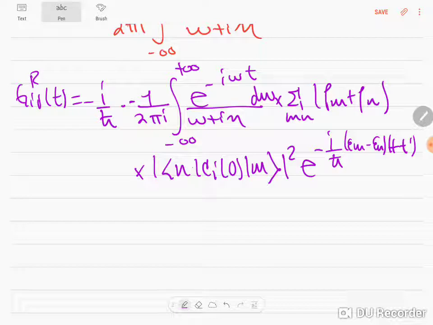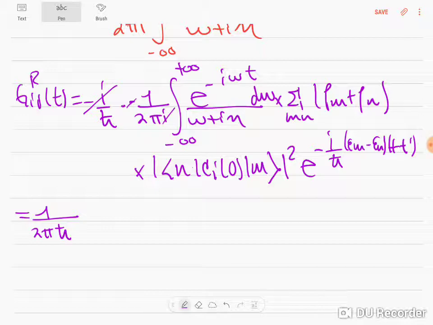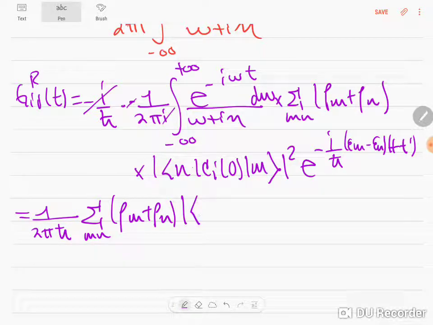Okay, so then what we're going to do is this. First, this minus i goes with this minus i. So that's the first thing. Let's just write it down: 1 over 2 pi h bar. Done. Then we're going to move out everything that has to do with m and n that has nothing to do with time. So this is the summation over m, n, rho_m plus rho_n, and c_i of 0, m, squared.